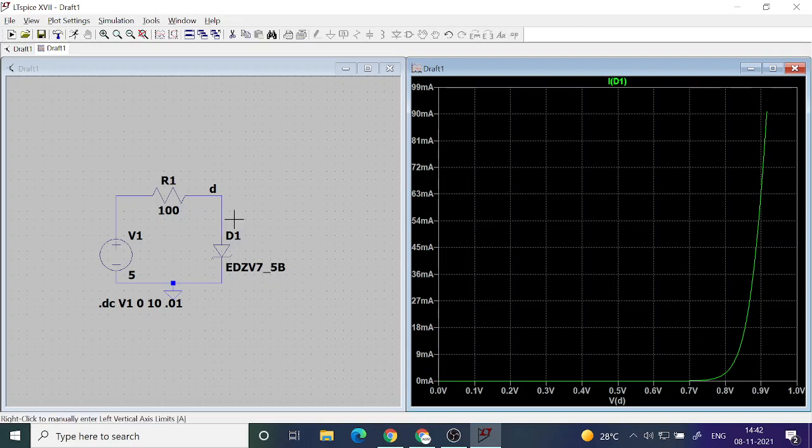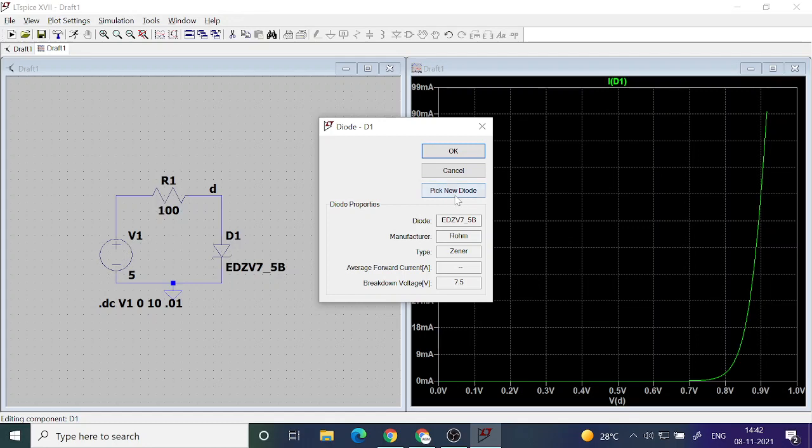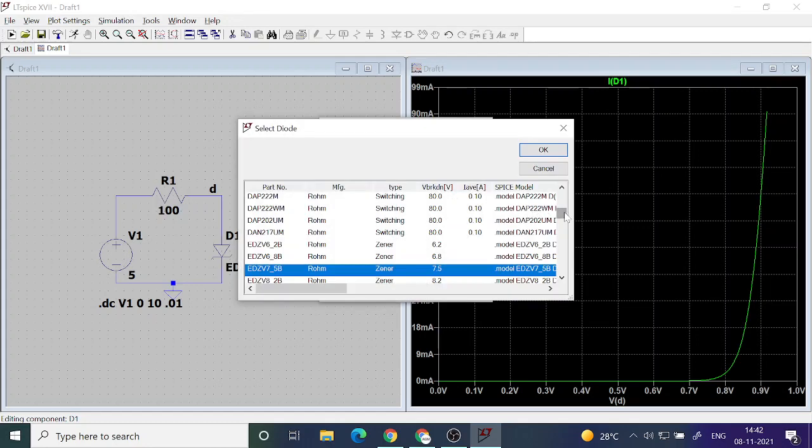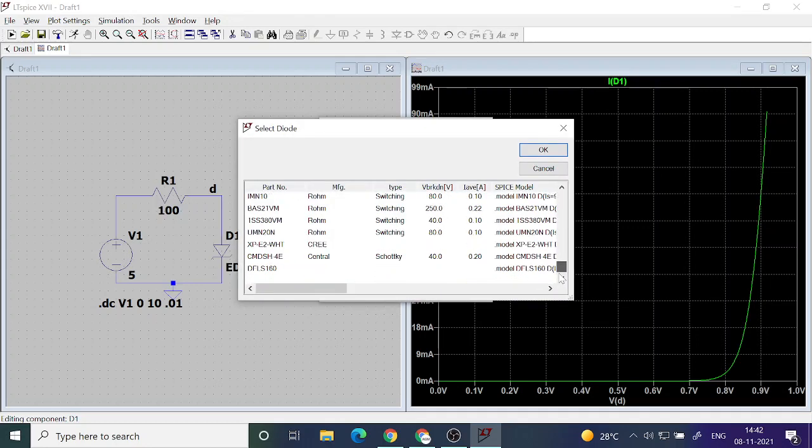No question. So the next part I told you to pick a different diode, which is LED. So you can see LED somewhere here. So here is an LED.